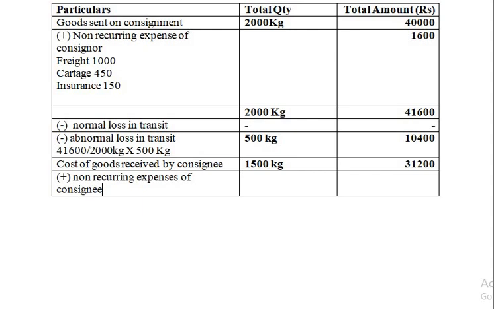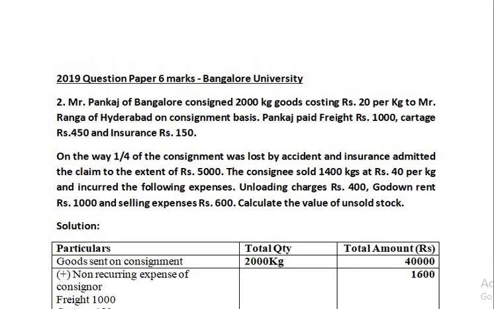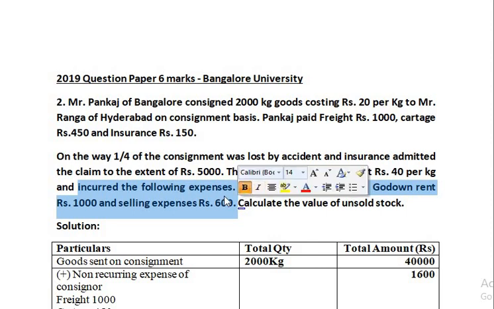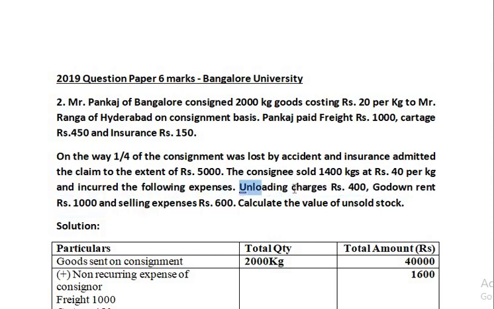In this problem, the consignee incurred the following expenses: unloading charges 400, godown rent 1000, selling expenses 600. In these expenses, the non-recurring expense is only the unloading charges, because this is the expenditure incurred during the transit of goods.